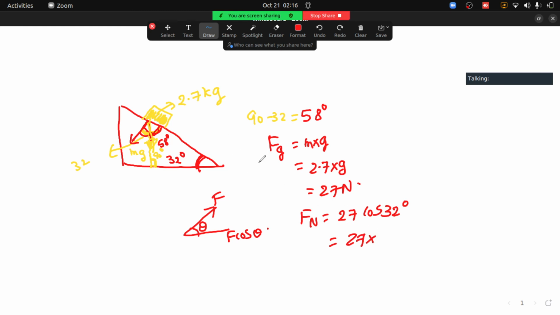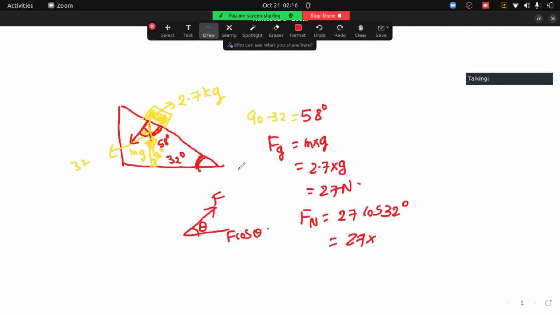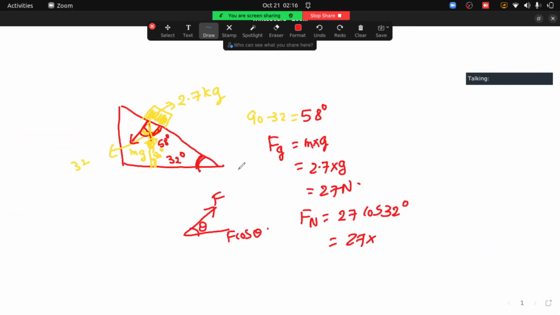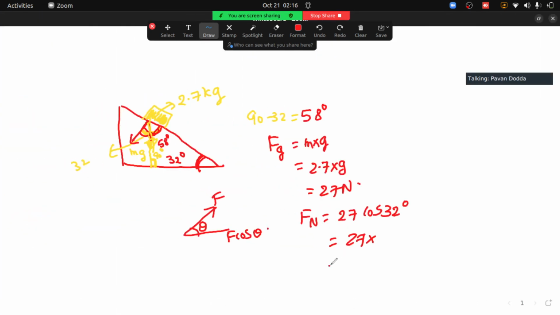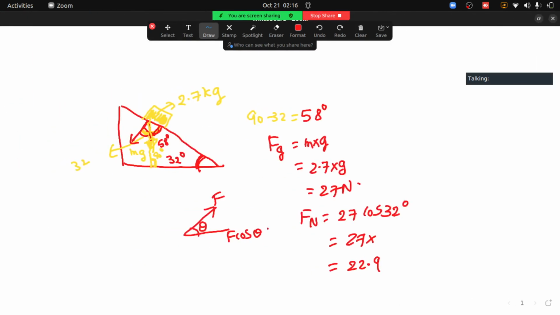Can you please do this calculation for me? 22.89. This is a very good approximation of 22.9.